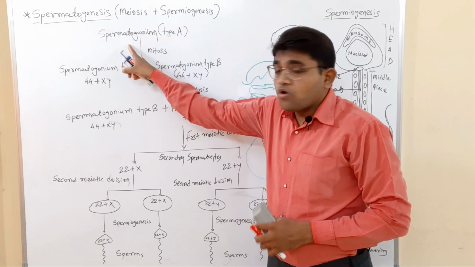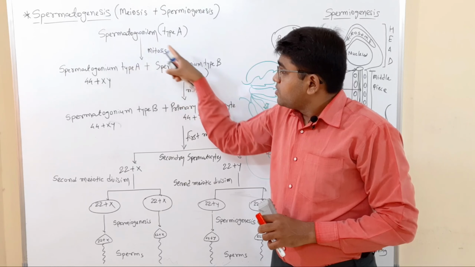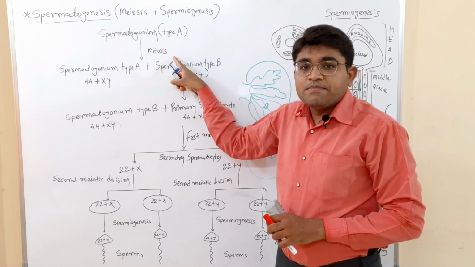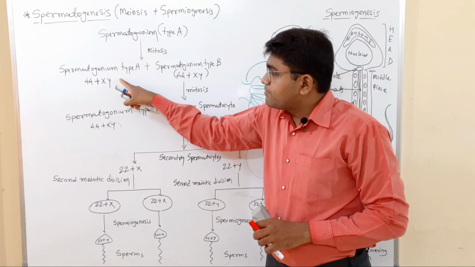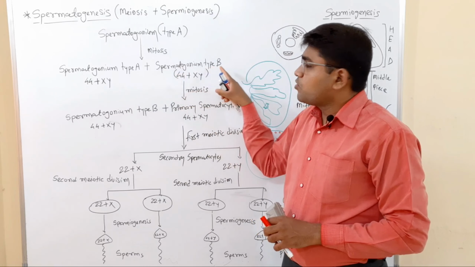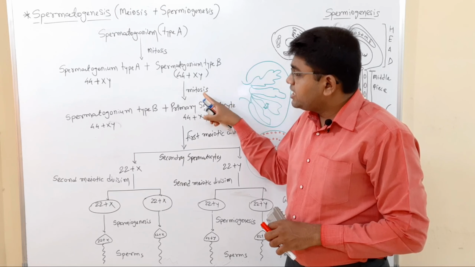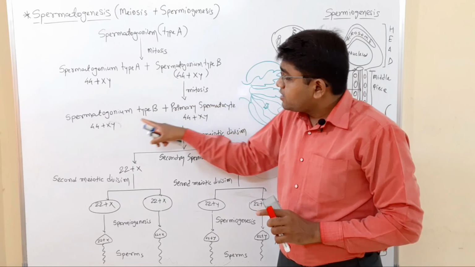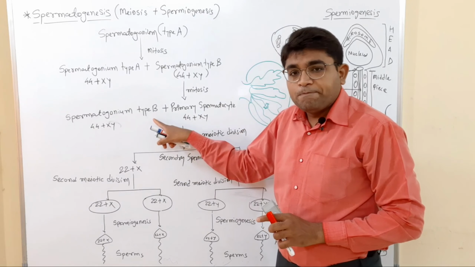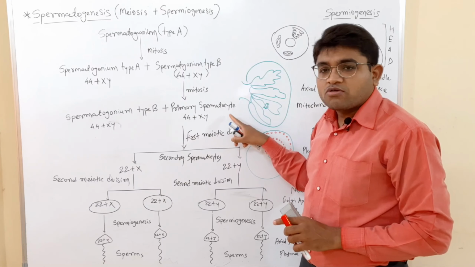Spermatogonium type A divides by mitosis and forms spermatogonium type A and spermatogonium type B. The spermatogonium type B is further divided by mitosis and forms spermatogonium type B and a primary spermatocyte.